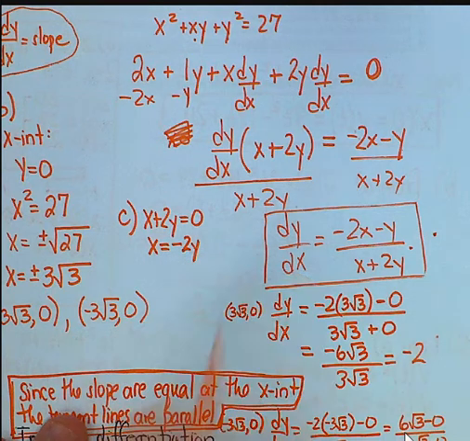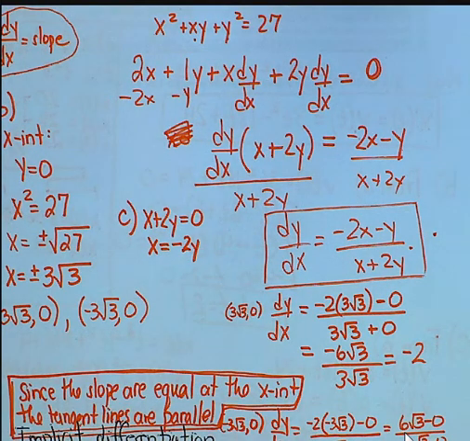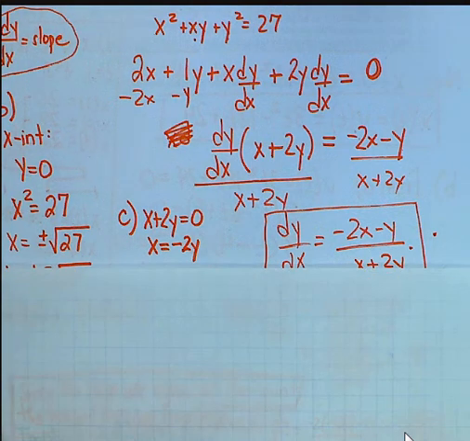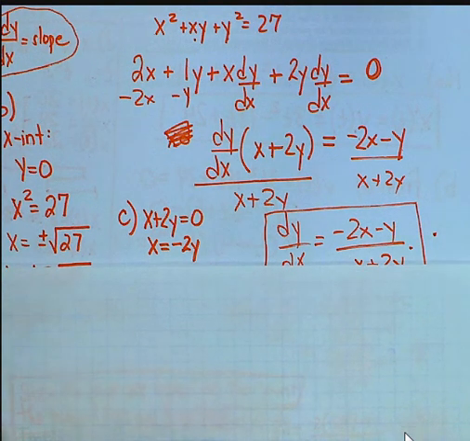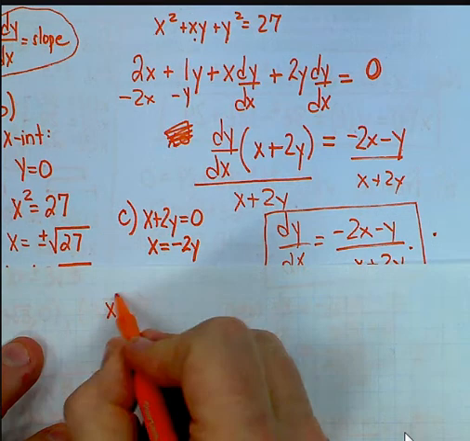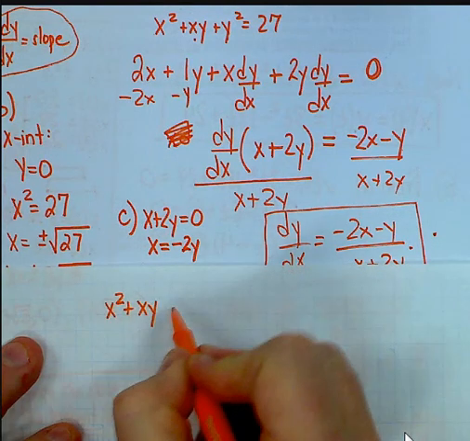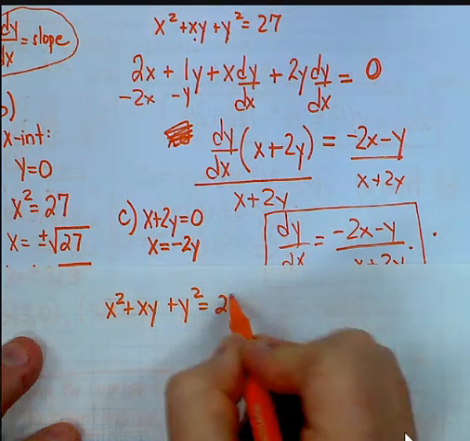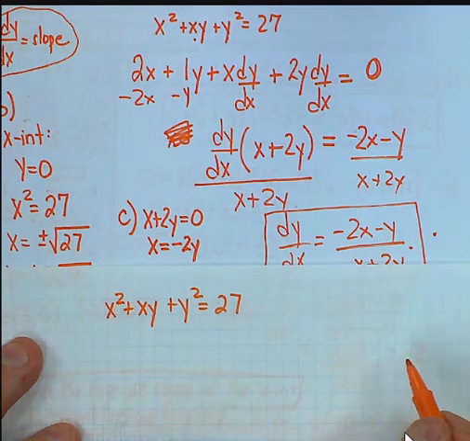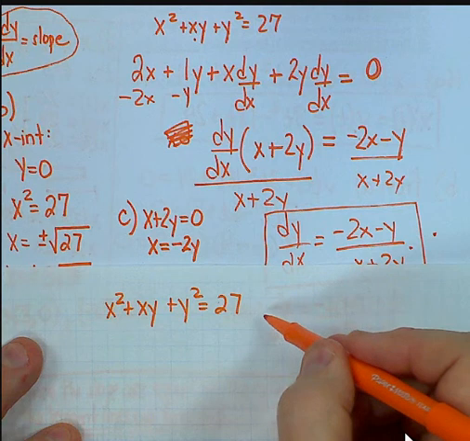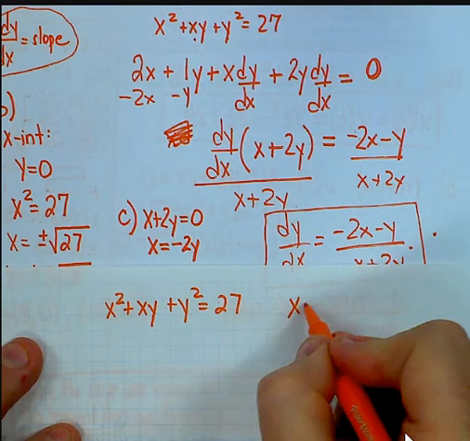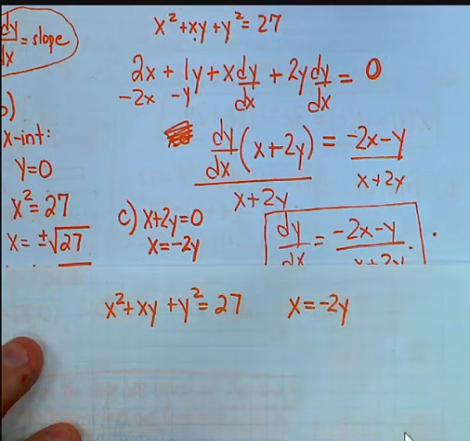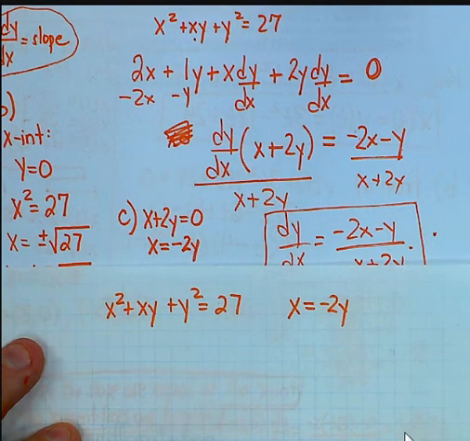All right. I'm not done. What's our original equation? X squared plus xy plus y squared equals 27. And I'm looking for points on this curve. So what do I know? I know that any place on this curve that satisfies x equals negative 2y, I'm going to have a vertical tangent line.